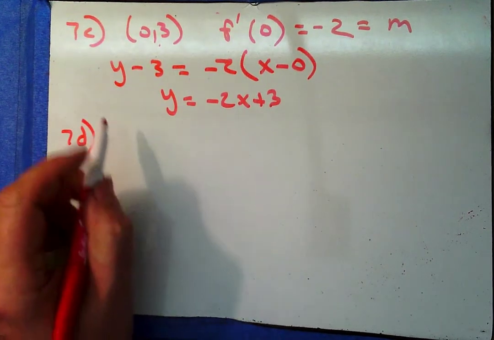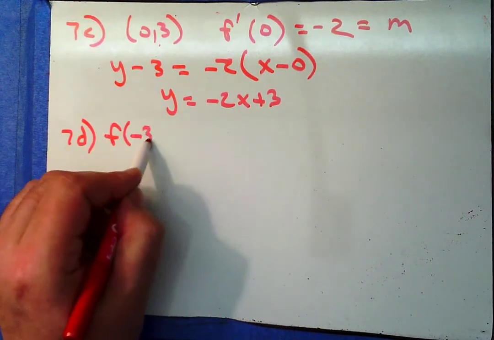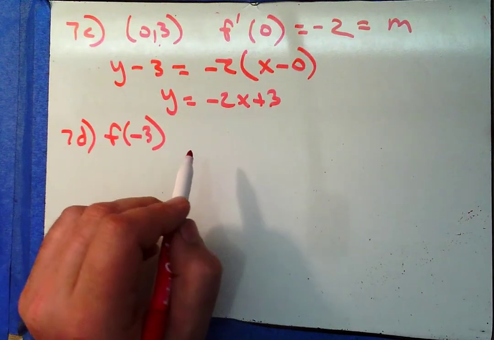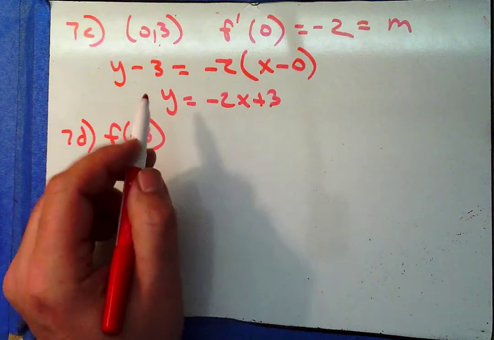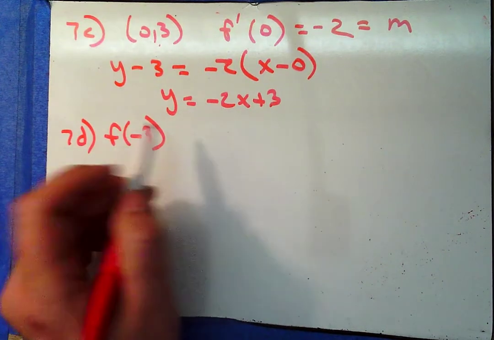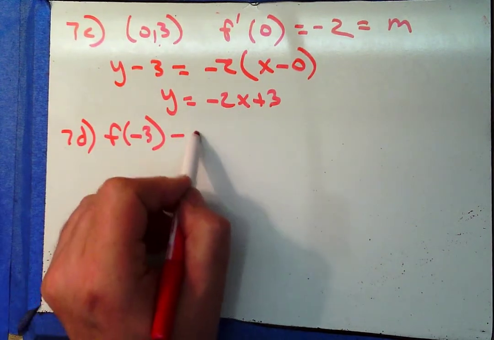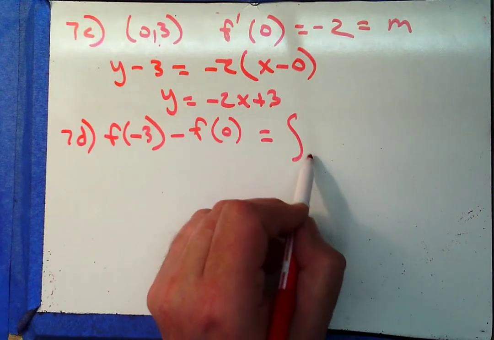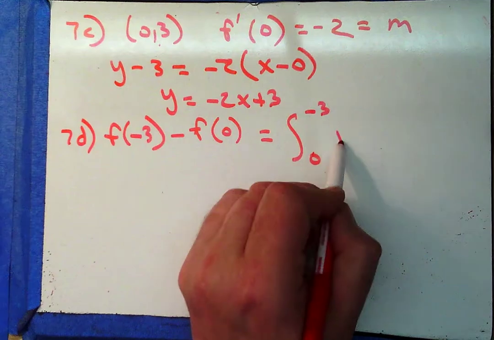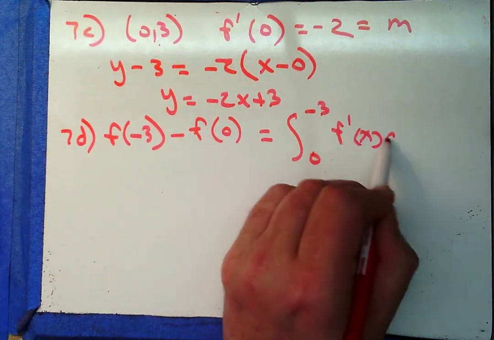Part D, find f of negative 3. Here's Delaney's favorite FTC part 2 coming into action, because they've given me f of 0. So I know f of 0 minus f of negative 3 equals the integral from negative 3 to 0 of f prime of x dx.